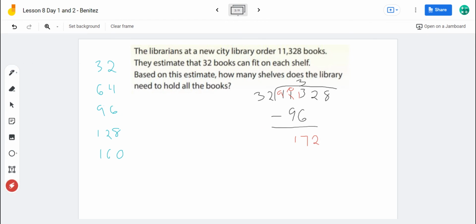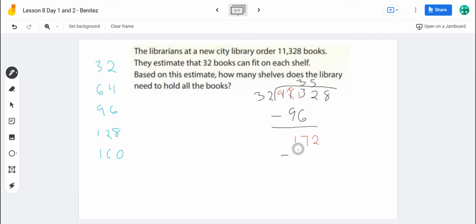Now again, we have to ask ourselves, how many times does 32 go into 172? Now I'm just going down my list. 160. Just off my head, if I add 32 to 160, I know I'm going to go over. So how many times? 1, 2, 3, 4, 5. 5 times.